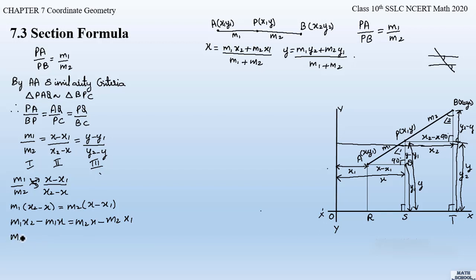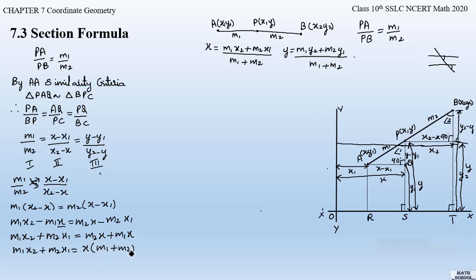So m1x2, this minus m2x1 comes to the left hand side to become plus m2x1, equal to m2x. Now bring this m1x to the right hand side, so this will become plus m1x. So m1x2 plus m2x1 is equal to, taking x outside common, we will be left with m1 plus m2.